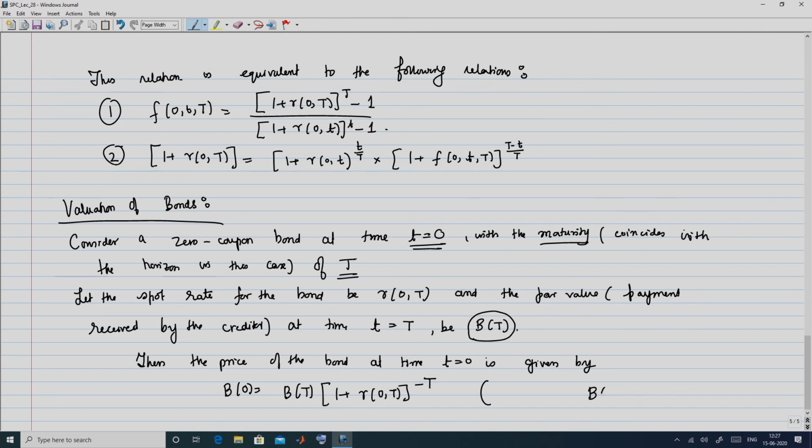Suppose that you initially start off with an amount of B(0) and invest for the time capital T. So, this will grow by a factor of (1 + r(0, T)) raised to T, and this is going to be B(T). So, getting this term on the other side gives us this relation.